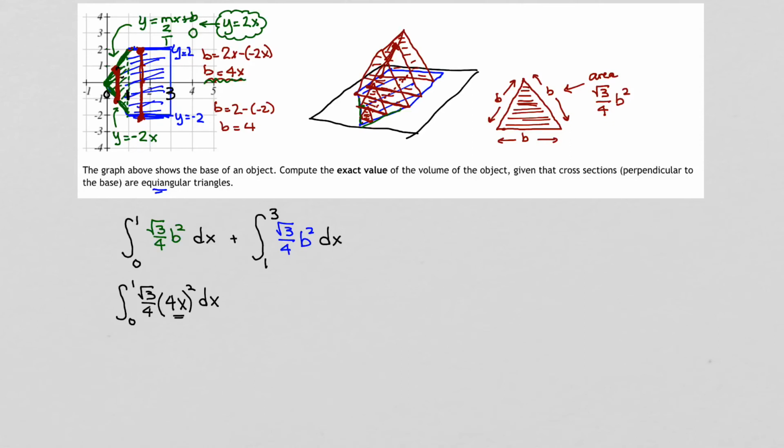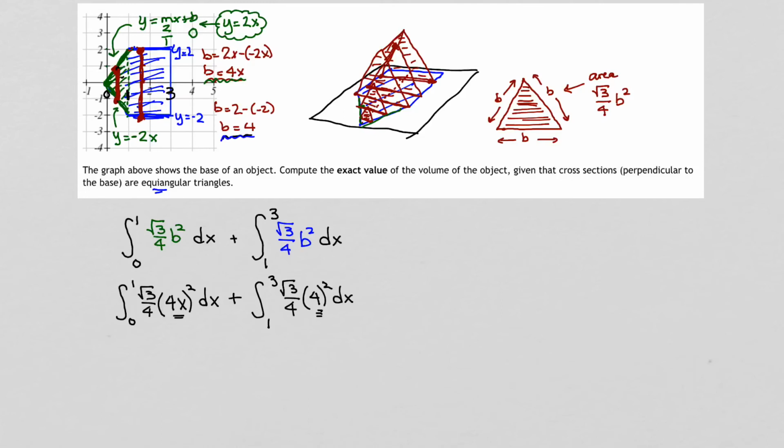So putting that information in our integral gives us that we are integrating from 1 to 3 the square root of 3 over 4 times 4 squared dx. And 4, if you like, is that distance here for the blue base for those equilateral triangles sitting along the blue part.